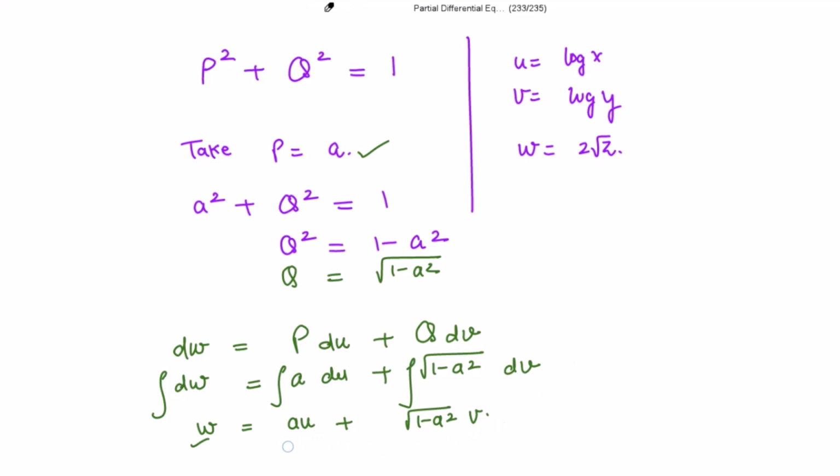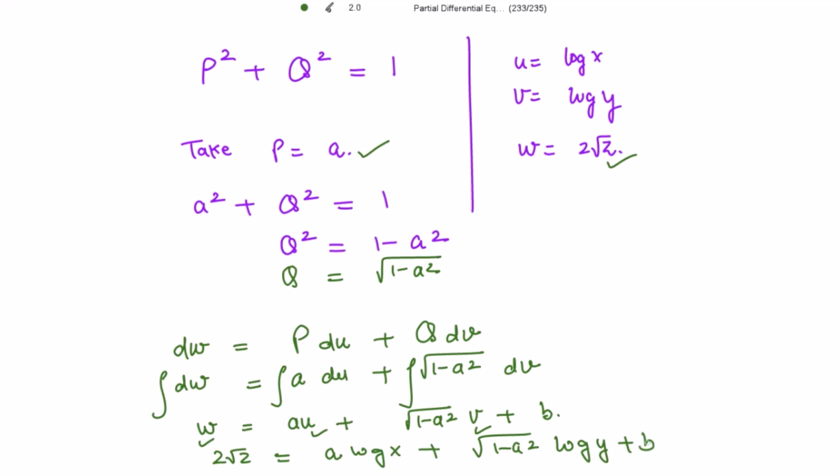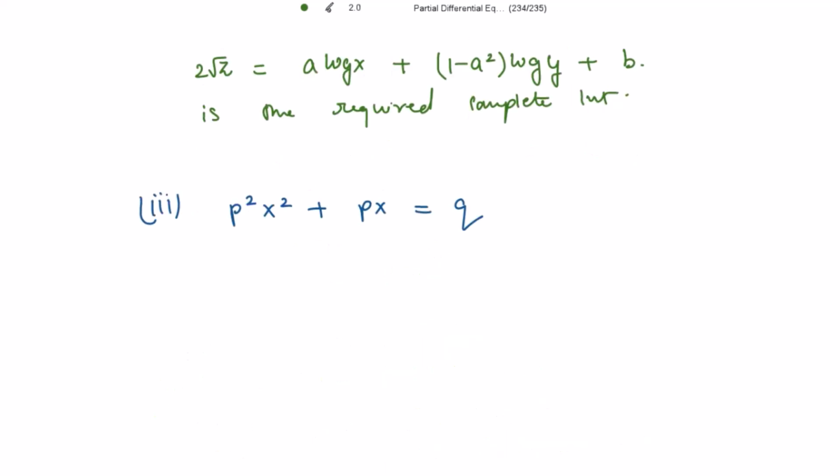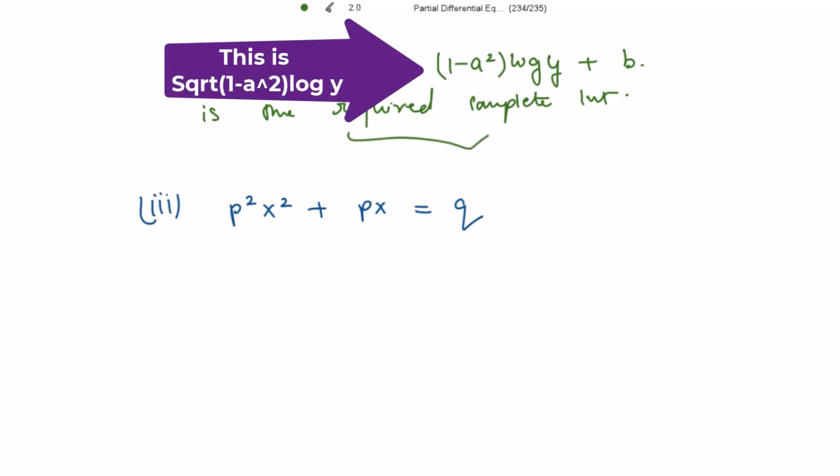It is 2 square root z. So 2 square root z equals a into u, which is log x, plus the square root of 1 minus a square times v, which is log of y. Sorry, here also we have the constant; let's write this as plus b, the constant. This is the required complete integral of the given equation.